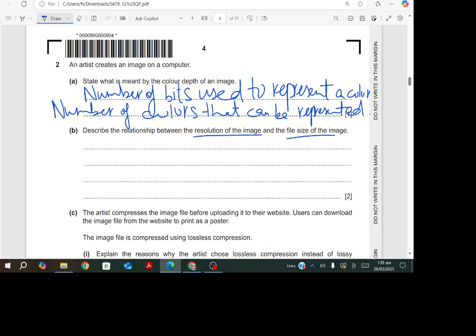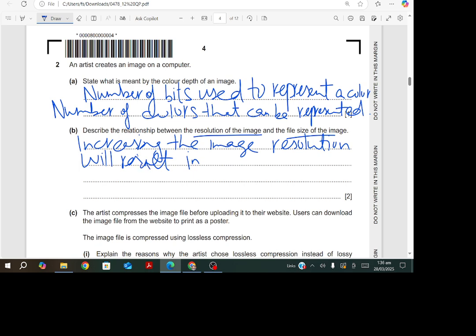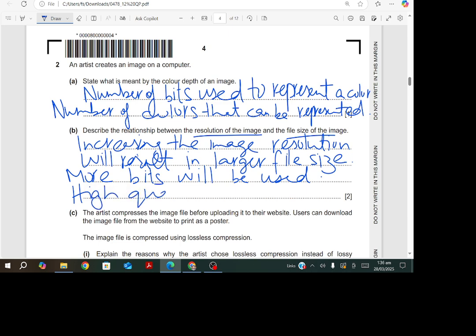So now I will write: increasing the image resolution will result in larger file size, and you can say more bits will be used, high quality plus larger file.